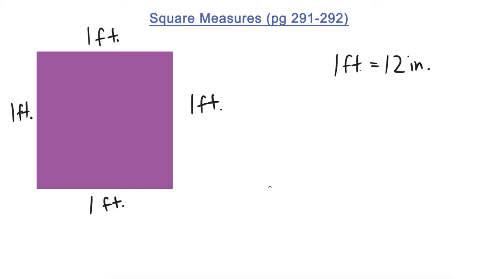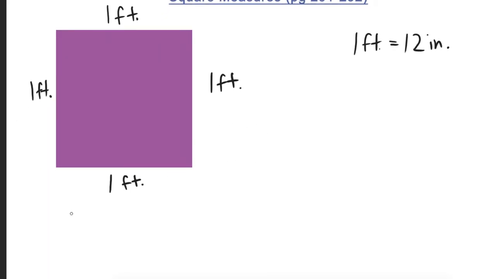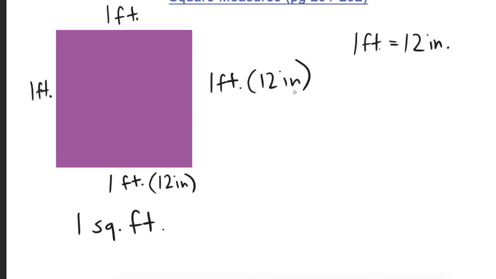We know that this is 1 square foot, so you might say, oh, you just multiply by 12, right? If I multiply everything by 12, what's 1 times 12? Obviously it's 12. So this is 12 inches, and this would be 12 inches.